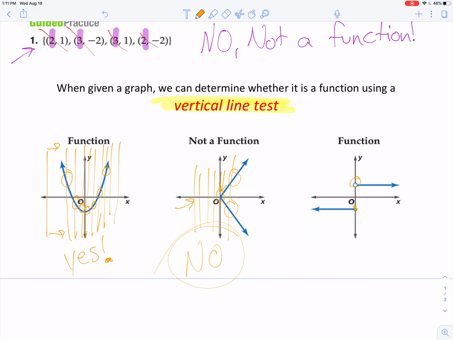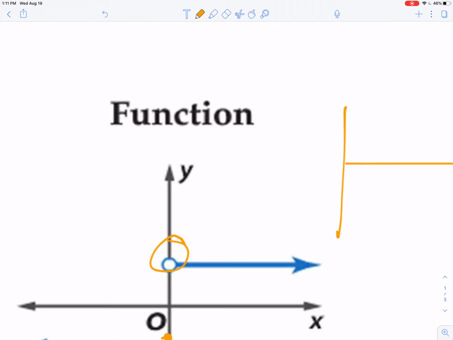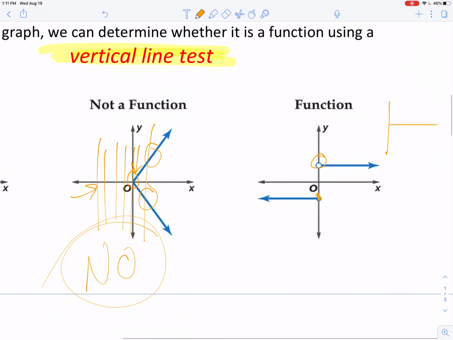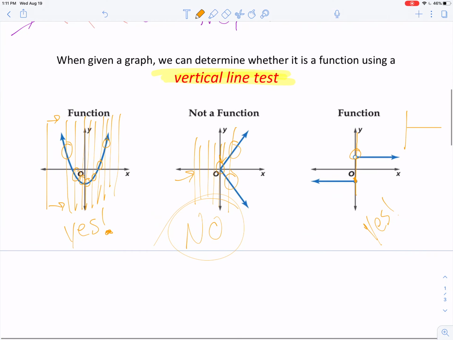Whereas this one has a circle, that means if I was to zoom in really, really close on that graph right there, the line is going like that. It's super close, but can you see that it doesn't actually touch? That's what's going to happen here. So it doesn't actually touch right there, meaning it does pass the vertical line test. So yes, this one is a function.